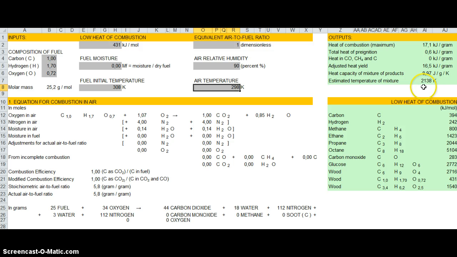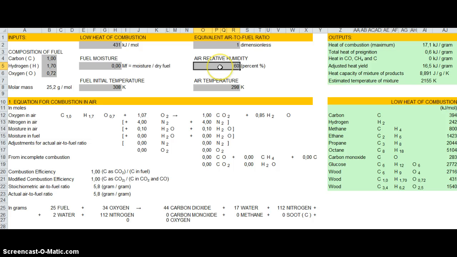Of course, now you have 2138K. If you add 60%, you have 2155, because the air moisture really made a difference.